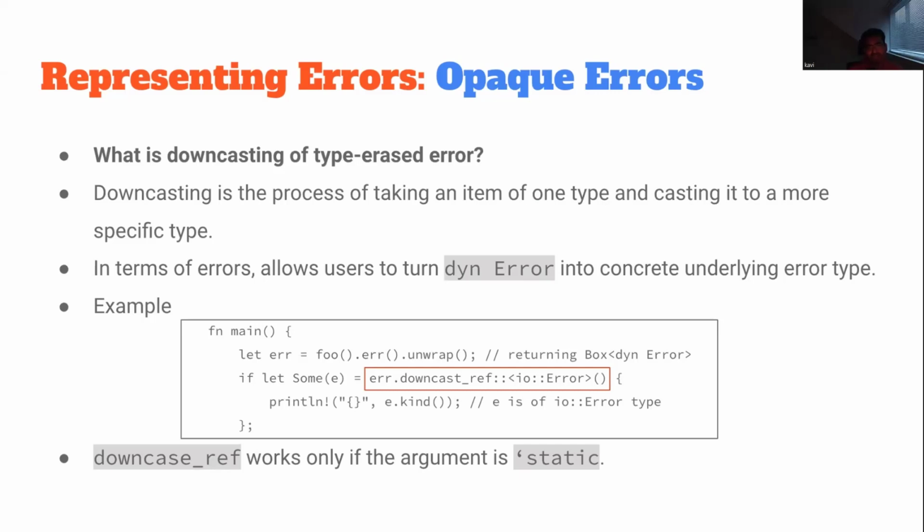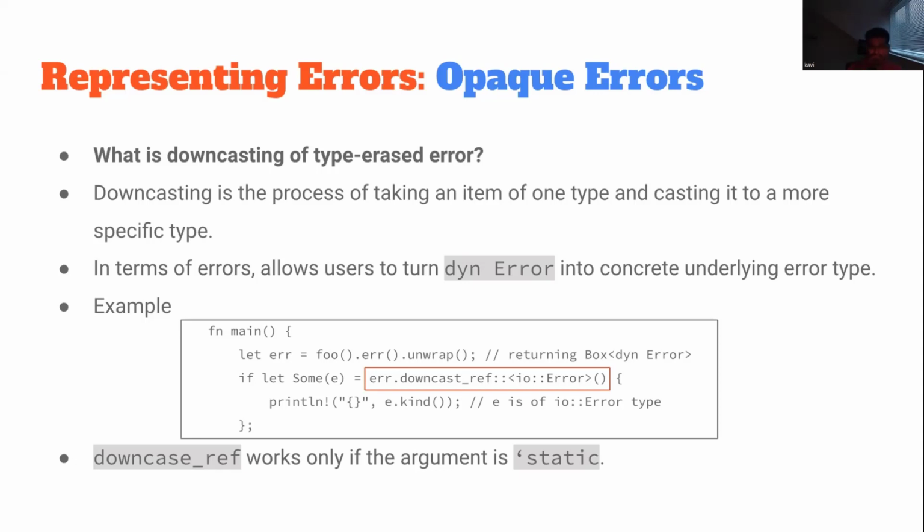In case of errors, let's say you have some dyn Error, and you want to downcast into a specific concrete type so that we can take some action, right? Here is an example. You get some dyn Error, and then you are downcasting to see if it's an IO error, right?